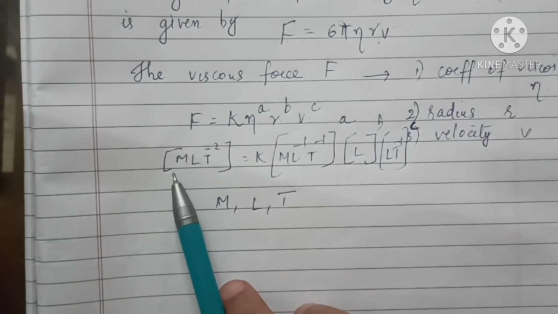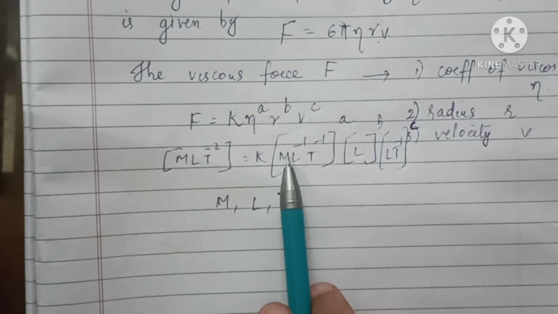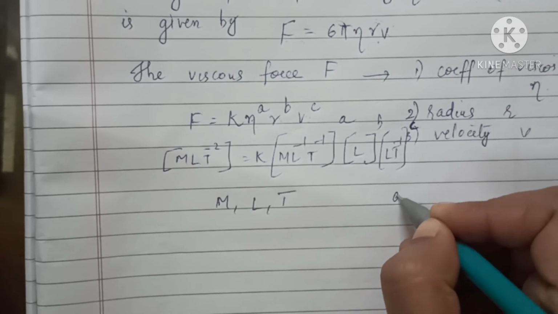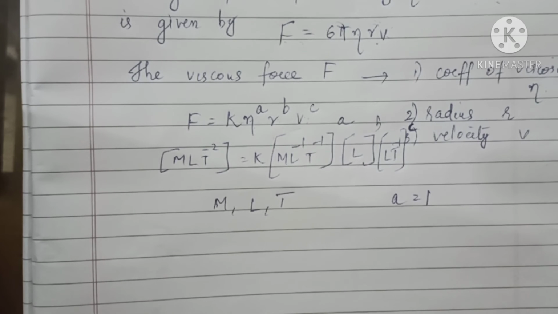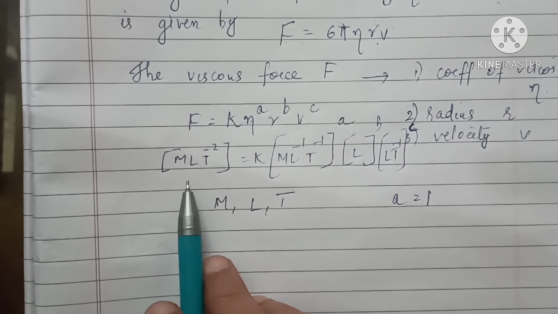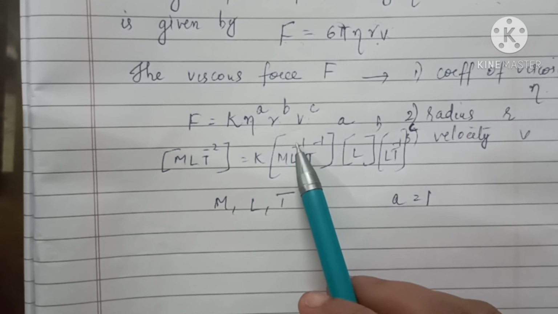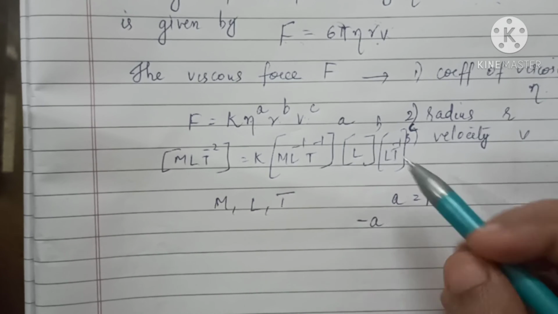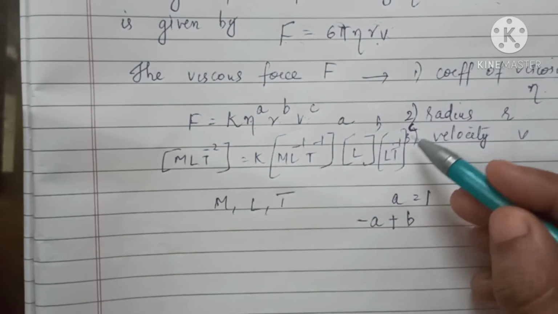For M, here you can see it is 1, and here also it is 1 raised to a, which we can write as a is equal to 1. Equating the power of M, we get a is equal to 1. Now for L, left side L has the power 1. And here L raised to minus 1 the whole raised to a, that is minus a, then L raised to b, that is plus b, then L raised to c.